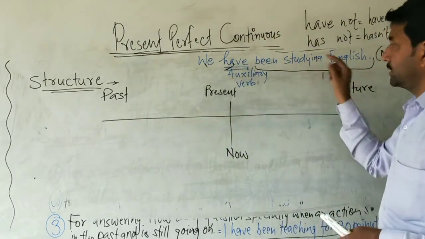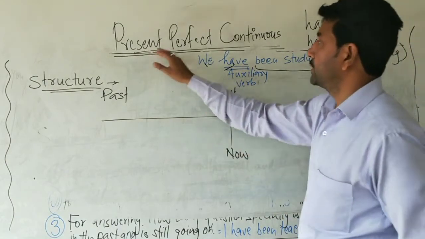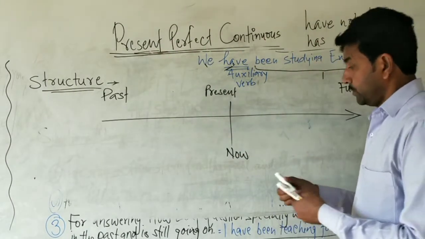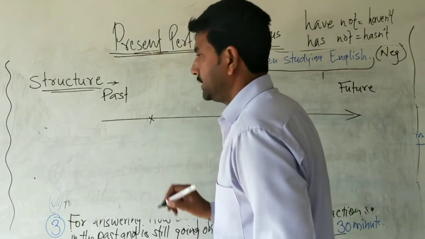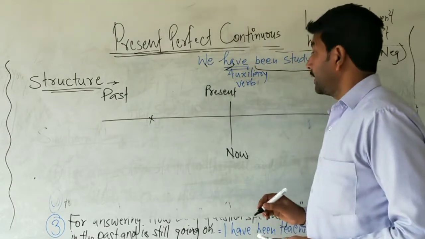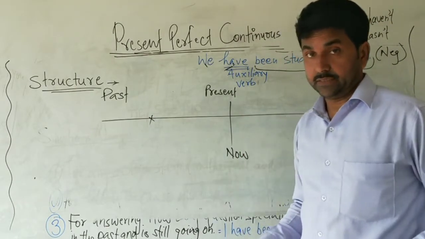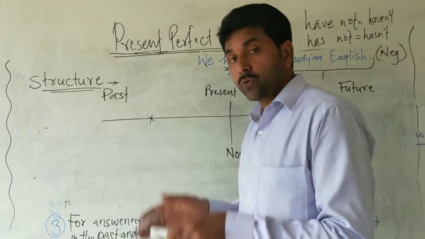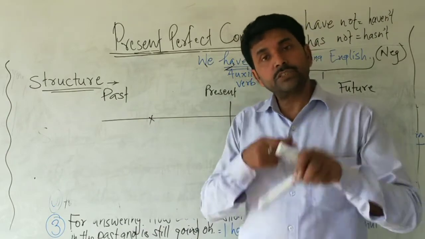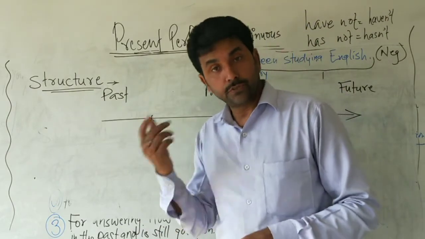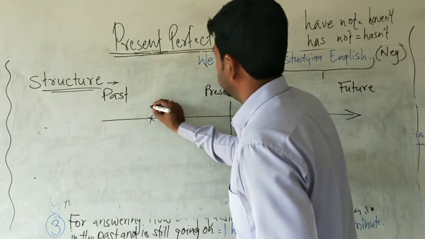The action started in the past and is still going on. Then we can use present perfect continuous tense. So, for example, here, teaching started here and it is still in process. It is still in progress. That means at the moment of speaking also, the action is going on, continuing. So we can show it like this.